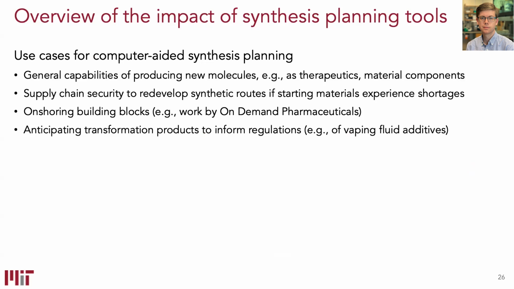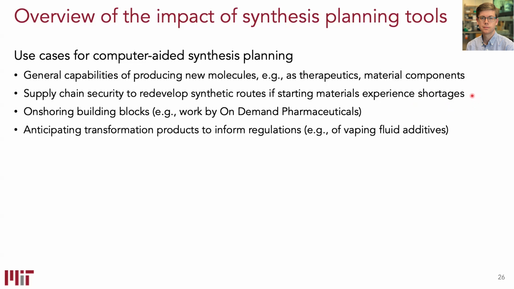And so we've seen people use these tools for the classic use cases we intend. Just, here's a molecule that I want to make, come up with a recipe, right? That's what they're designed for. But the tools can also be used for some adjacent tasks. There's been some really interesting applications in the literature. So people have applied these kinds of synthesis planning tools to do things like shore up different supply chains.